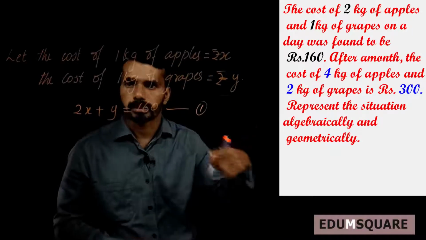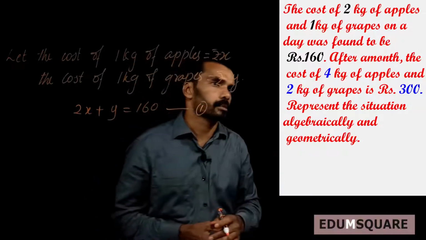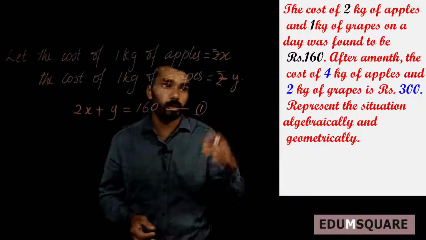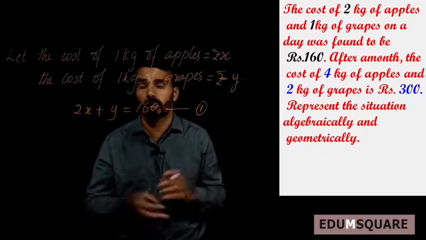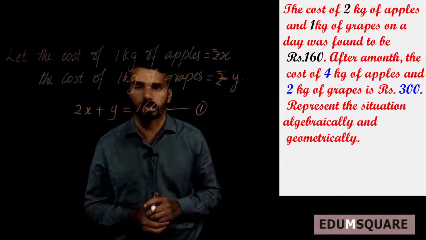Okay, and then according to the question, the second statement says that after a month the cost of 4 kg of apples and 2 kg of grapes is rupees 300.